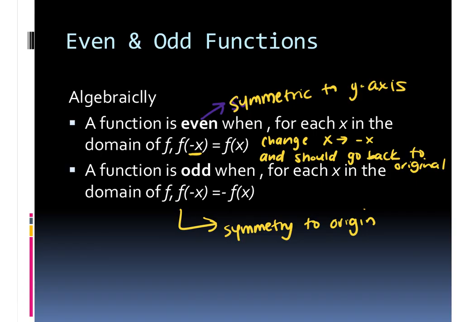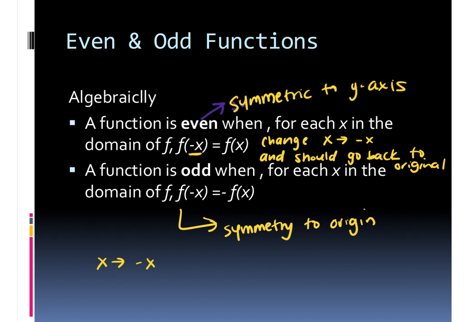Okay, so for the odd, it is a little bit different because we're not expecting it to go back to the original, okay? We're expecting the signs to change. So we change the x to the negative x. If there was a y, I would change the y to negative y too, but there is no y.